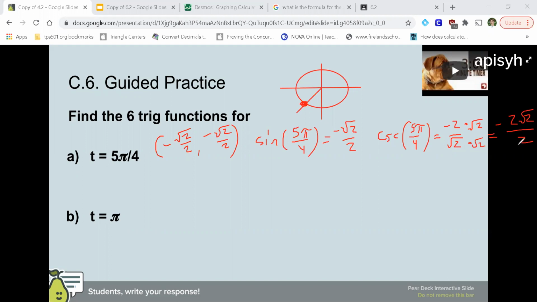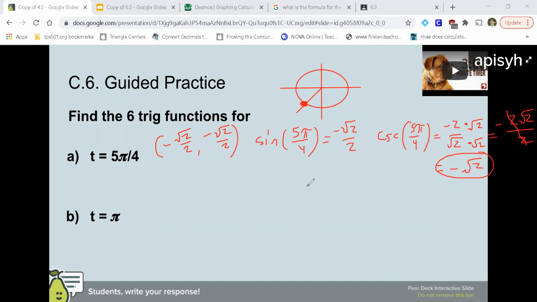But then you have a 2 in the numerator and the denominator, so they end up canceling out, giving you just negative square root of 2. Since the answer is just negative square root of 2, even though that's technically the same thing, I guess you'll see. If you type that in and it says wrong, then rationalize, and you should get it right.